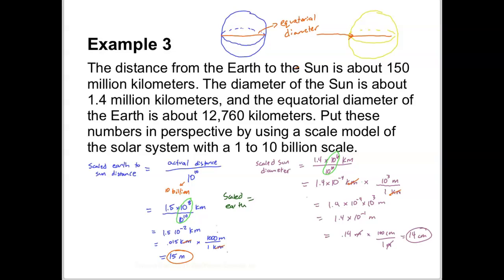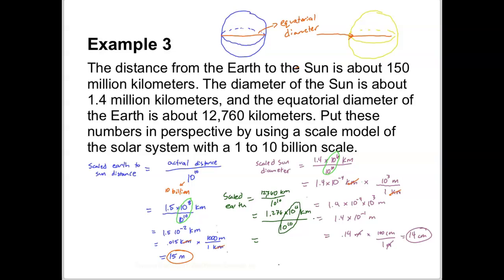We're going to take the true diameter of the Earth, which is 12,760 kilometers, and divide by 10 to the 10th. 12,760 in scientific notation is 1.276 times 10 to the 4th, over 10 to the 10th.